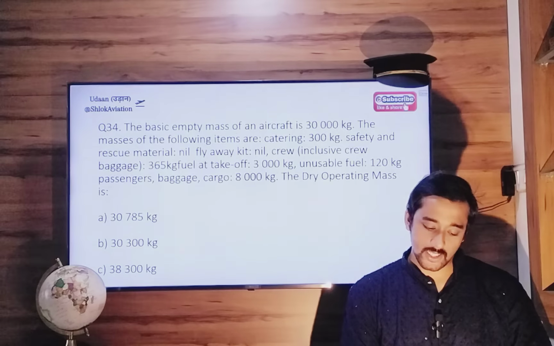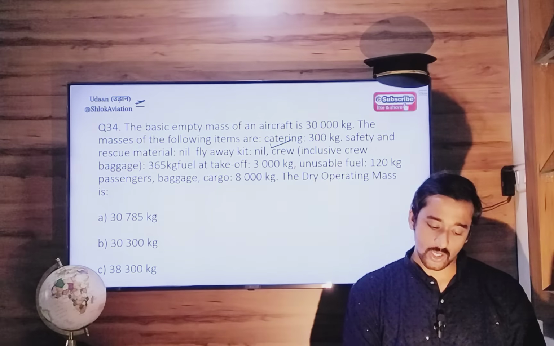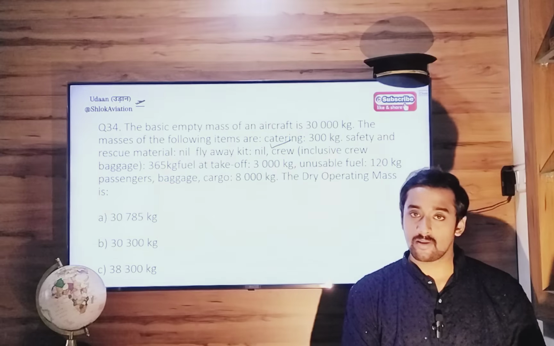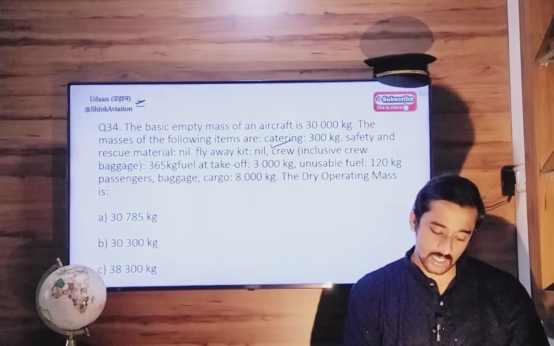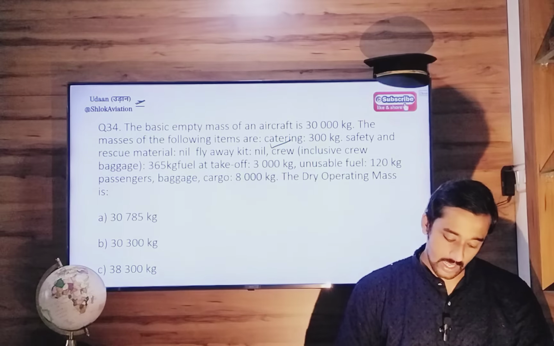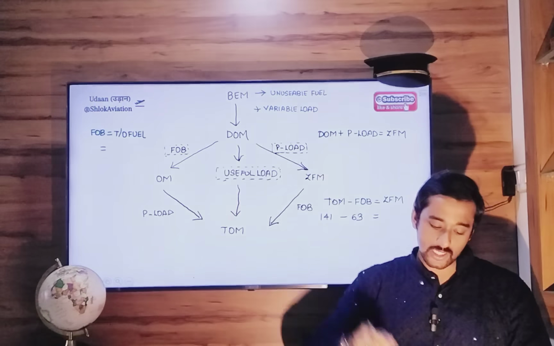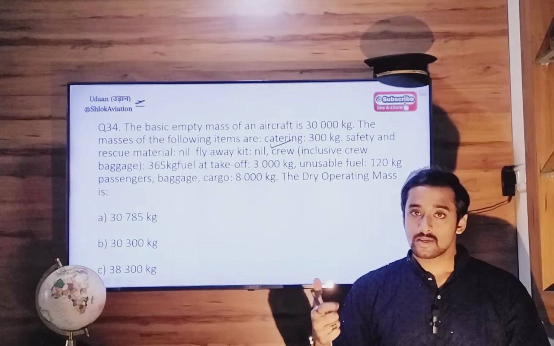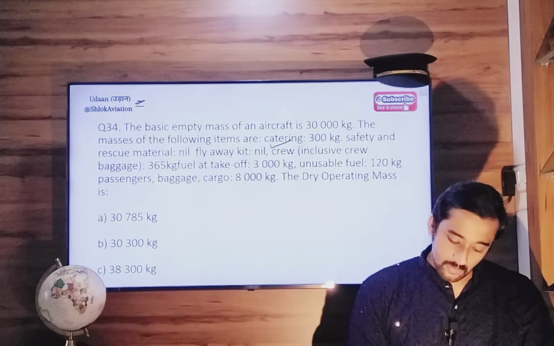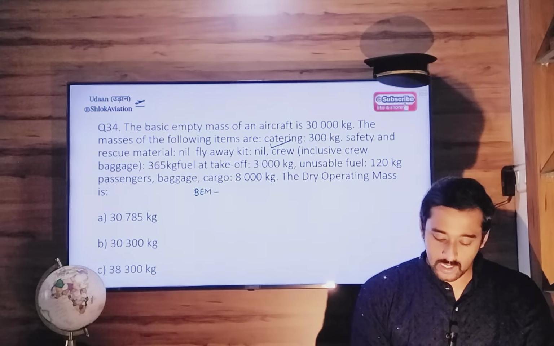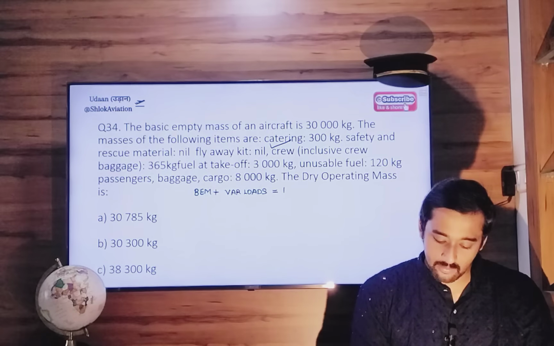Next, basic empty mass is there. Masses of other items like catering, safety rescue material is zero, not there. Flyaway material zero. Crew, inclusive of their baggage, is 365 kg. Okay, so like I said here, basic empty mass plus variable load. Now variable load is made up of these things: catering, safety material, flyaway materials, crew. So basic empty mass plus variable load equals your dry operating mass.